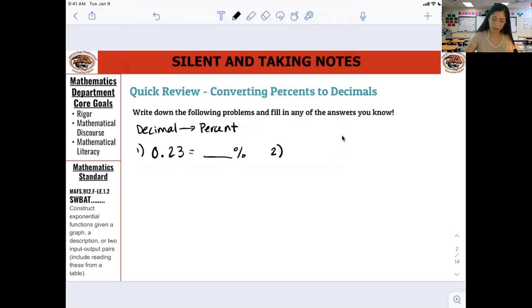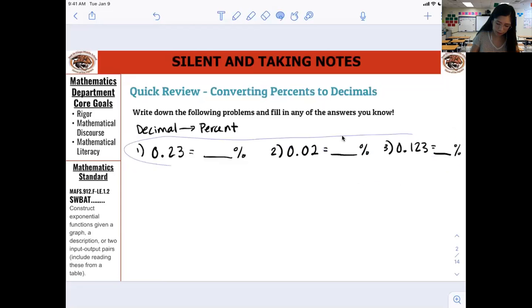Second one, just go ahead and write these down. And number 3. Okay, go ahead, write these down, and then we'll quickly do them all together.